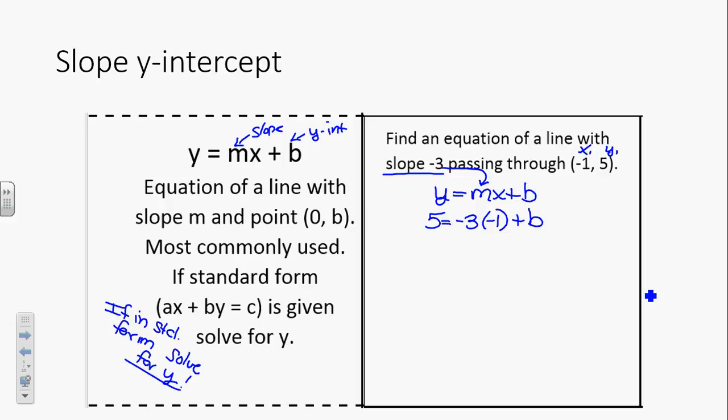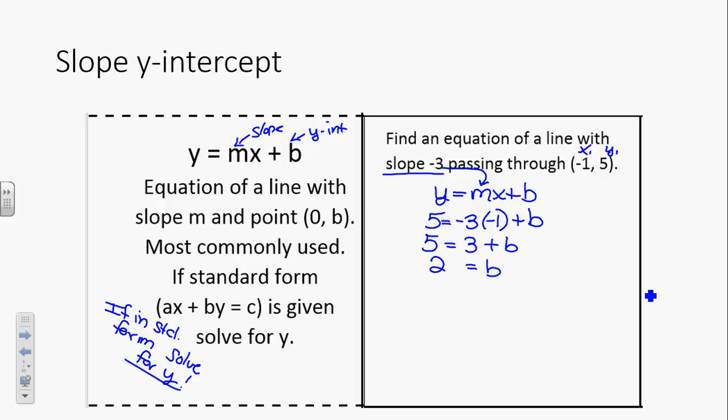But we substitute the y in for the y, the x in for the x, and the m in for the m. Okay. Now, what is -3 times -1? Positive 3. So the 3 needs to come to the other side, right? So b became 2, right?